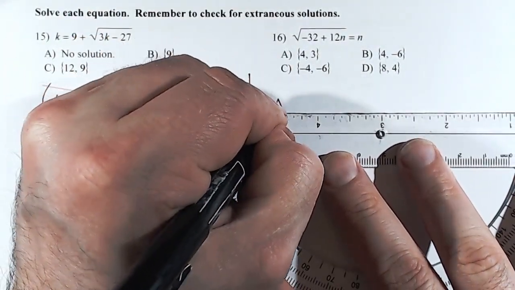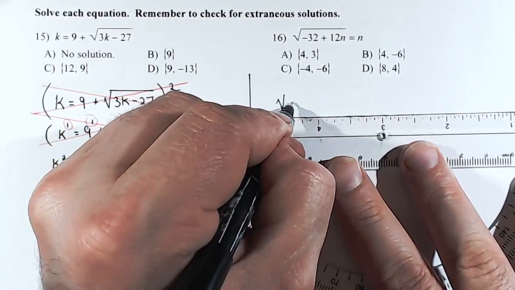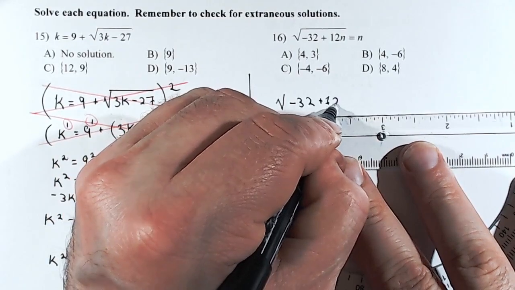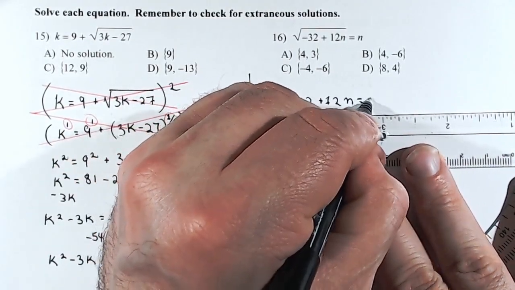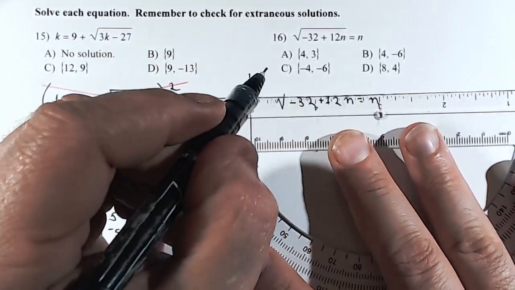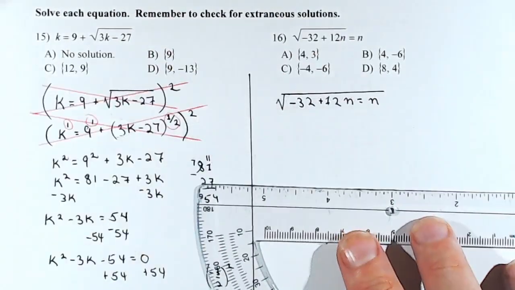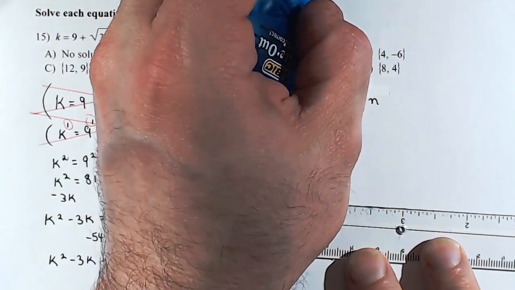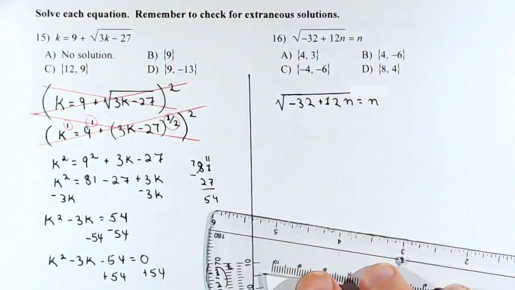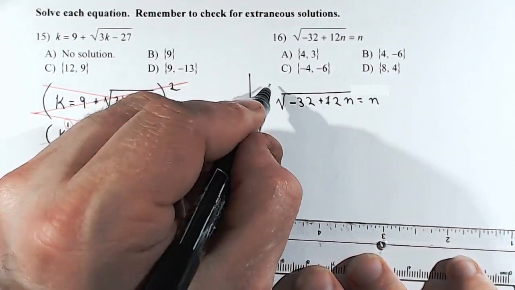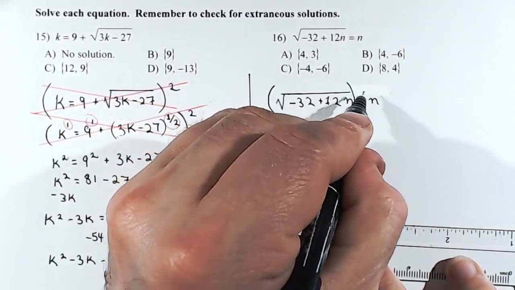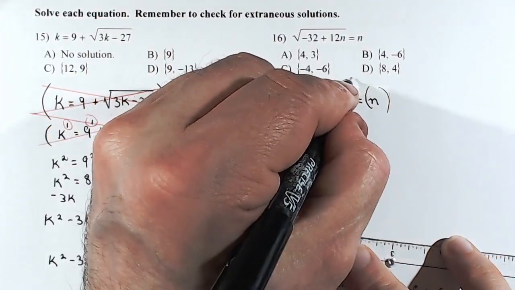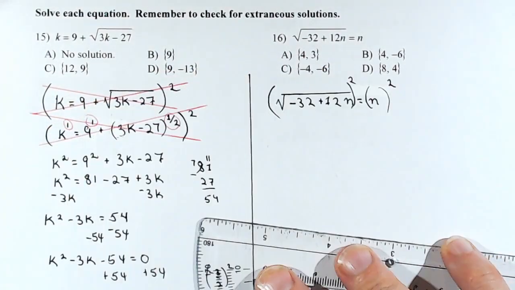So I have, this is number 16, the square root of negative 32 plus 12n equals n. Okay, so I've got to square both sides of the equation like this.